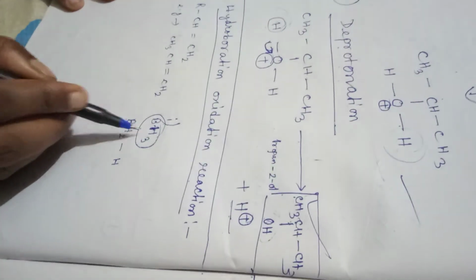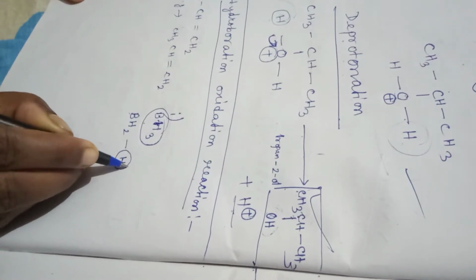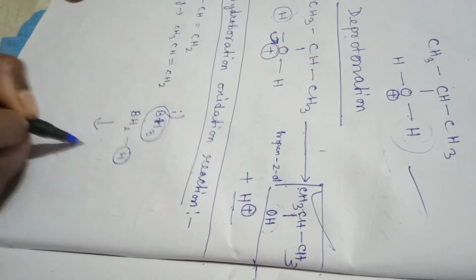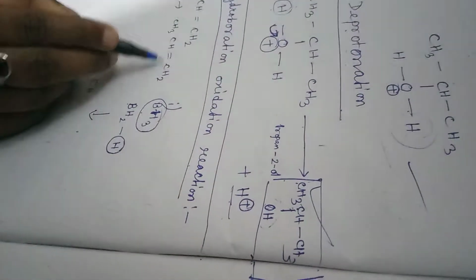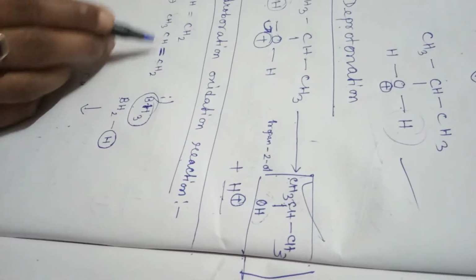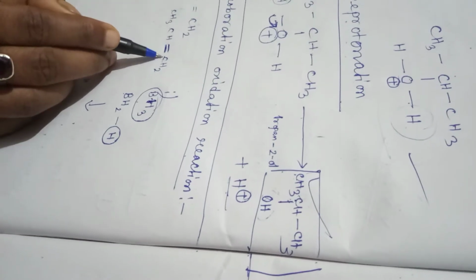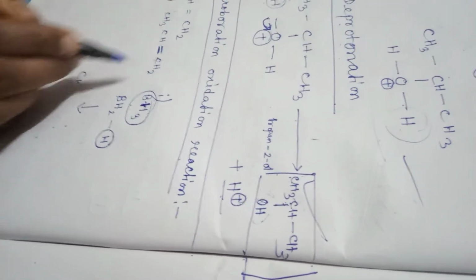So first the reagent is borane. Once you give the borane molecule, the hydrogen is replaced by this molecule. Of the two double-bonded carbons, the carbon containing the maximum number of hydrogens will be attached with the boron.